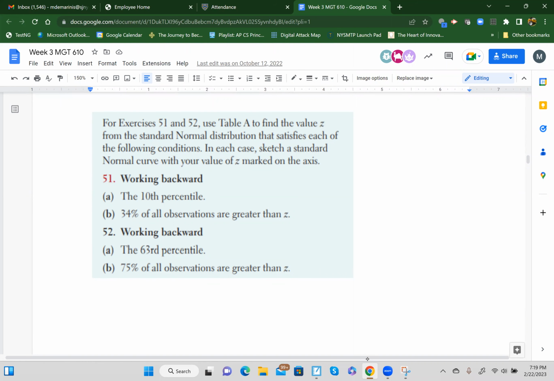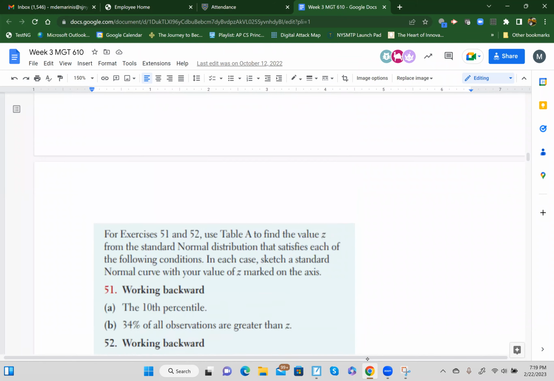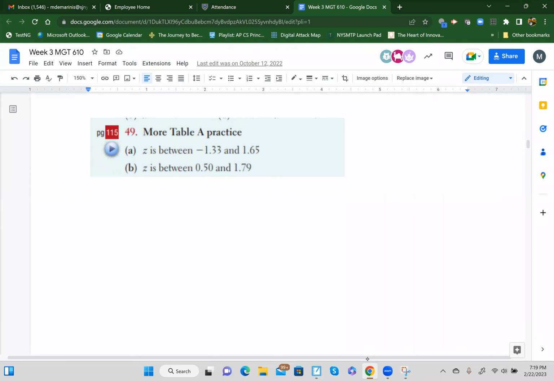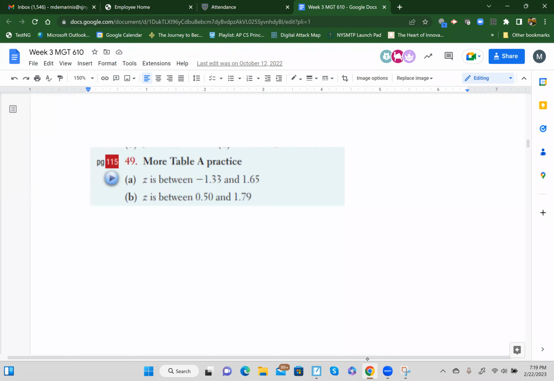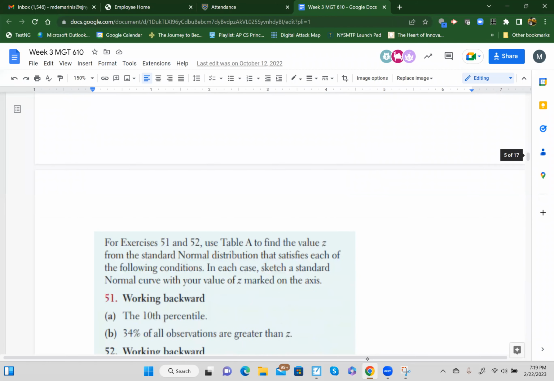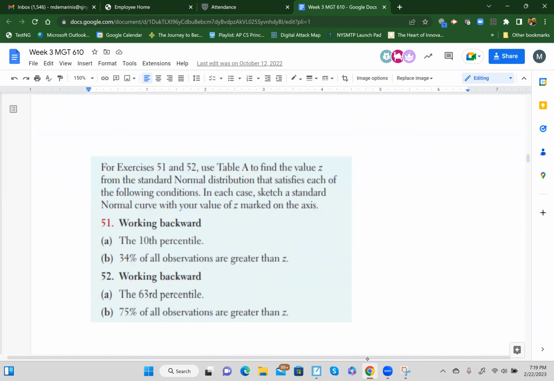So let's talk about why that's different. If we go back to the previous question, the one we just did, for example, in problem 49A and B, we were given z-scores, and we had to find the area by using the chart. With these new questions, we're giving you areas and asking you to figure out the z-scores.